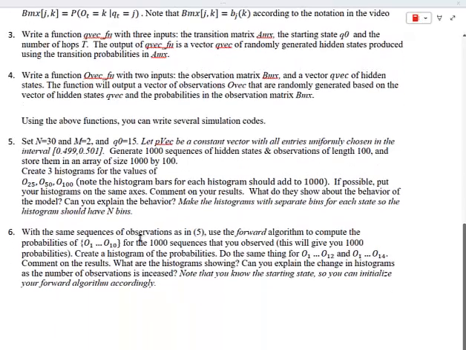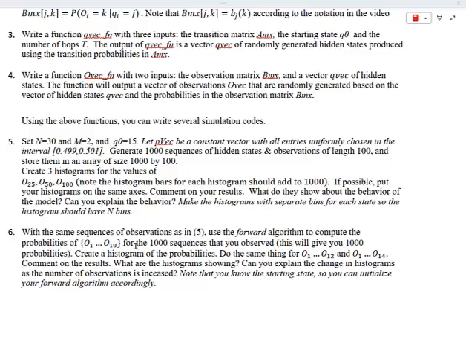Right? All right. So with the same sequences of observations as in 5, use the forward algorithm to compute the probabilities of O1 through O10 for the 1,000 sequences you observed. This will give you 1,000 probabilities.